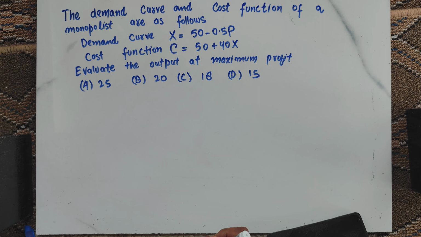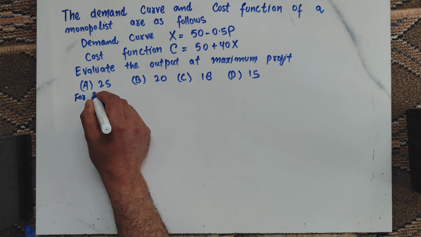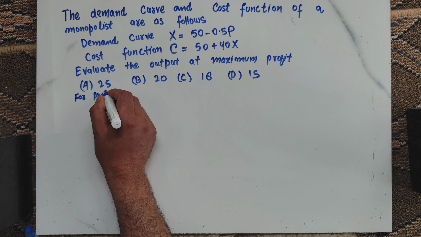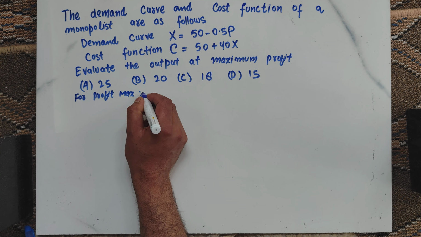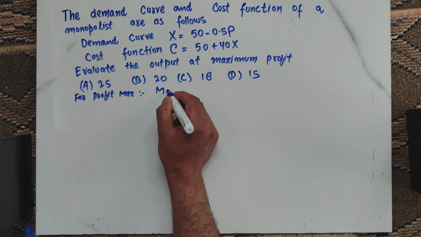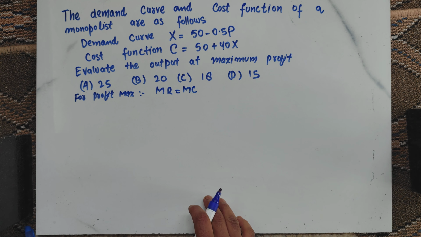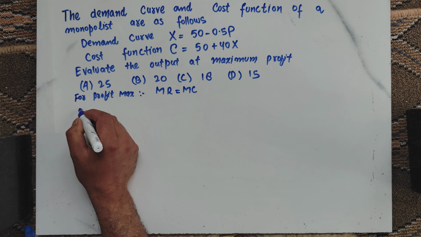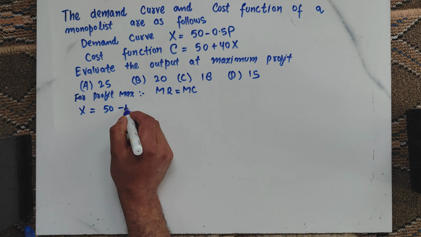Now for profit maximization, our condition, we know, is that we equate the marginal revenue with the marginal cost. We are given the demand function x equals 50 minus 0.5p.